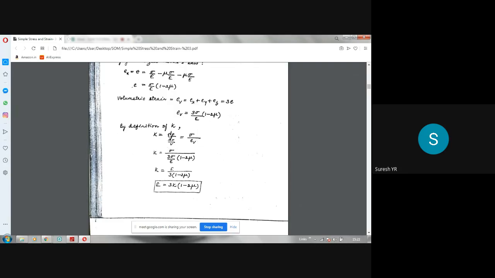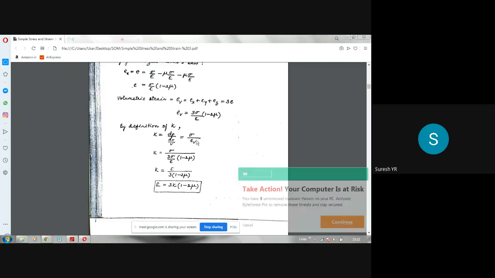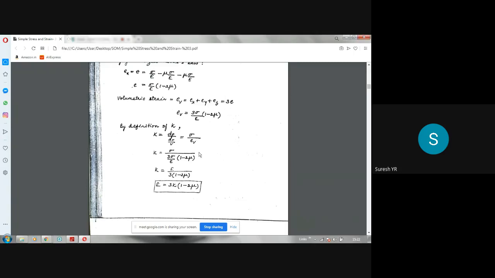So K is equal to sigma divided by e_v. We have defined it: bulk modulus is the ratio of bulk stress, that is sigma, to volumetric strain, here e_v. Now substitute.